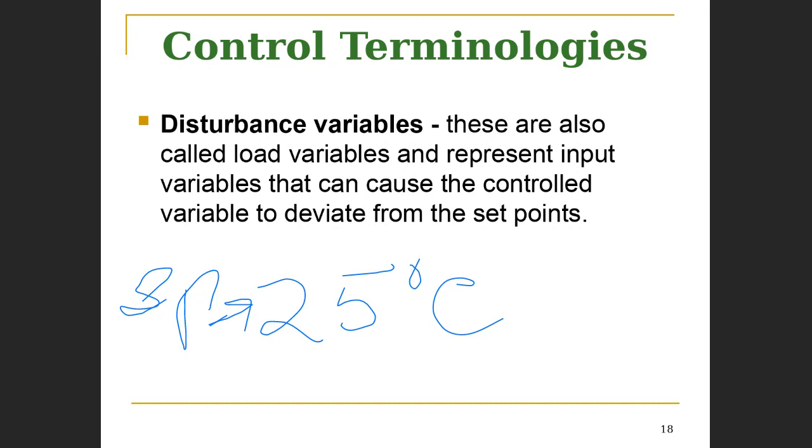And even if they should leave the room, you may have a similar situation where the temperature will be affected. So whether the persons are leaving or coming in, it is a disturbance factor. Can somebody give an example of a system and what would possibly be a disturbance variable?